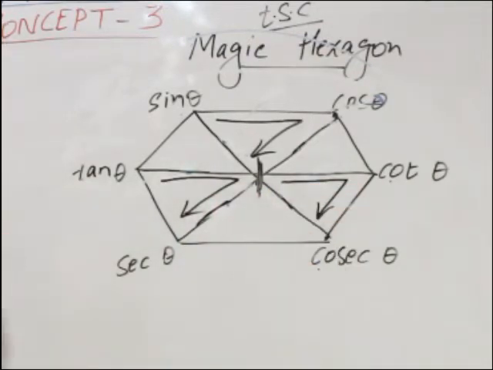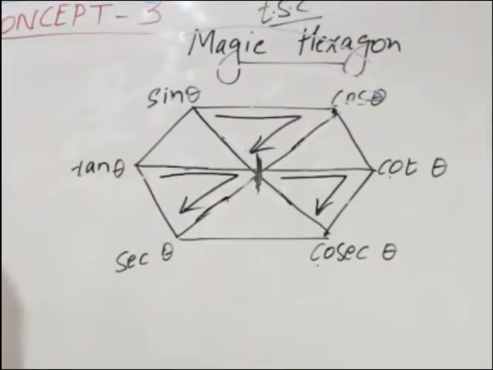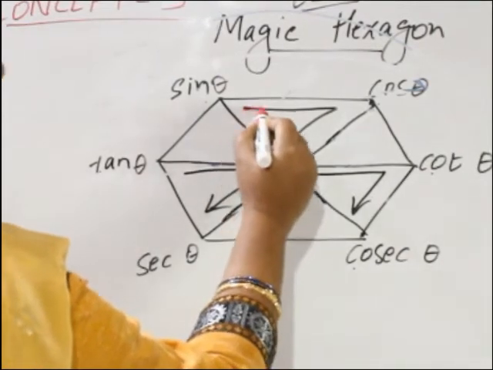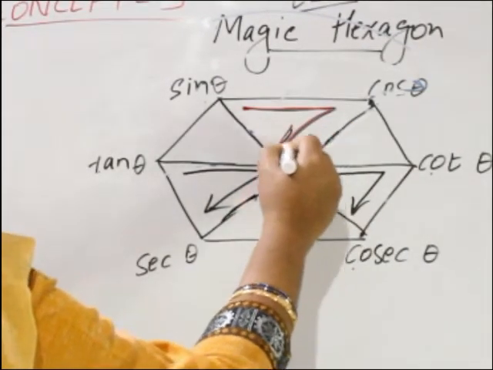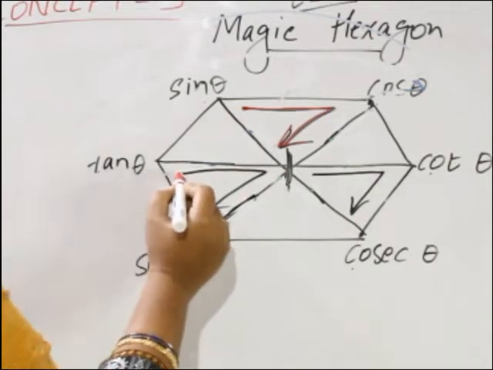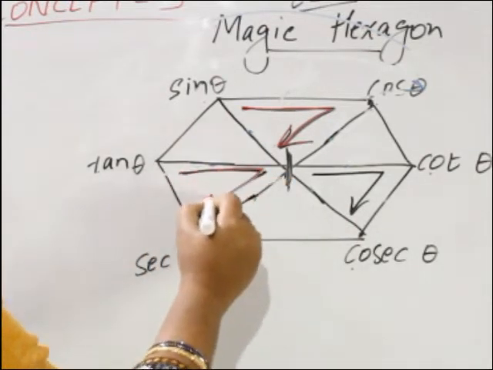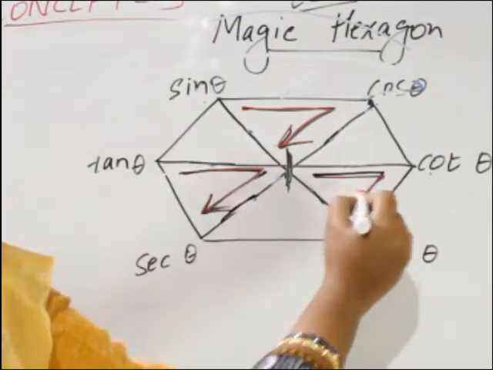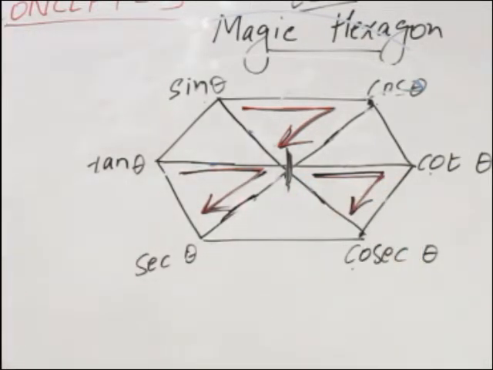Are you getting? With other ink also I will draw so you can easily identify. First bent arrow I gave here, like this. Second bent arrow here, like this. Next here, like this.